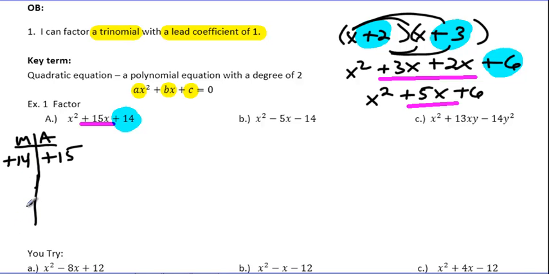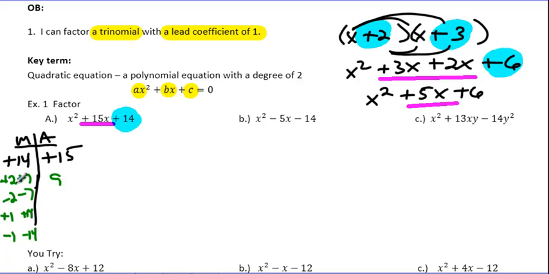We're not going to do this all the time, but for the first one I think it's going to help you. Most people think 2 and 7. I want to point out that positive 2 and positive 7 will get you to positive 14, so will negative 2 and negative 7. You could also do positive 1 and positive 14, and negative 1 and negative 14. Now, which set of numbers is going to add together to get me 5?